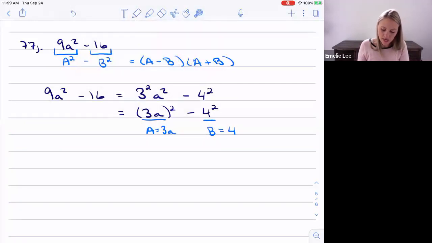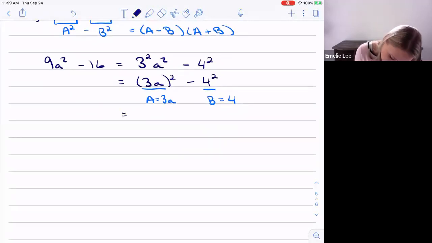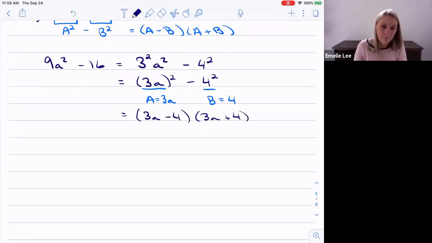So to match here, if I'm factoring this thing out, then I can rewrite this as (3a minus 4) times (3a plus 4). And once again, what I'm going to do is multiply this out, expand this thing just to check my factoring. Because I don't know about you guys, but for me, expanding is fun. It's easy.